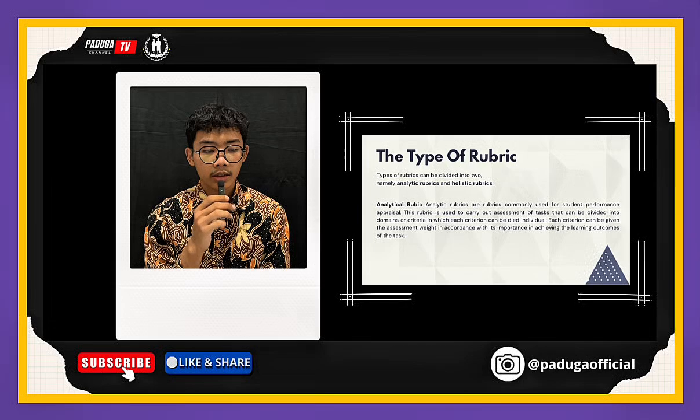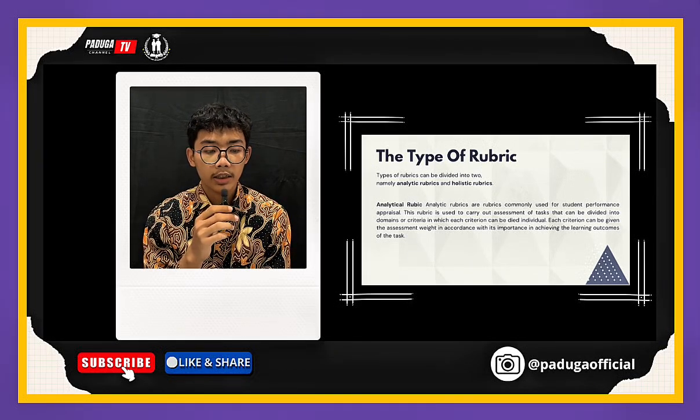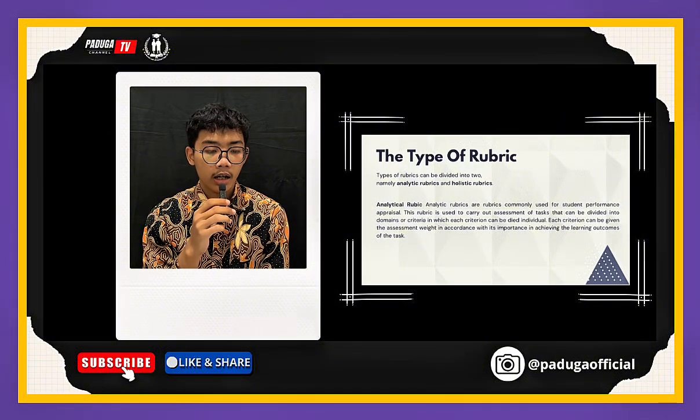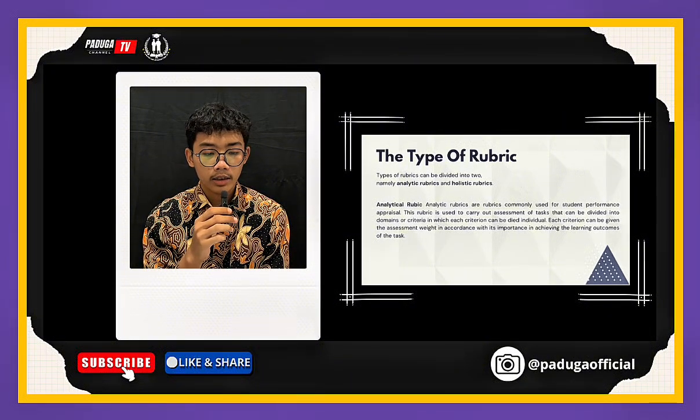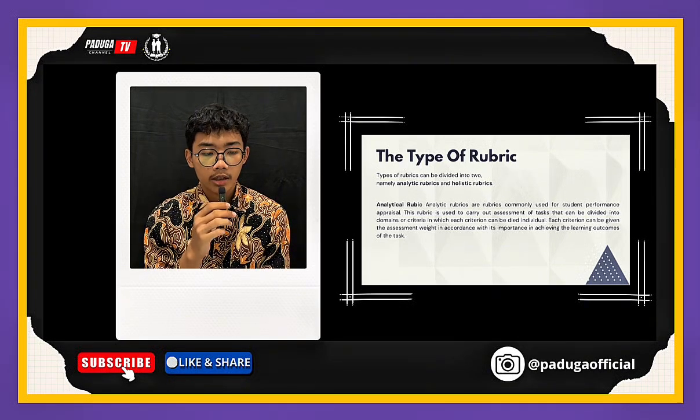Okay, the next, the types of rubric. Types of rubrics can be divided into two, namely analytic rubrics and holistic rubrics. Analytic rubrics are rubrics commonly used for student performance appraisal.